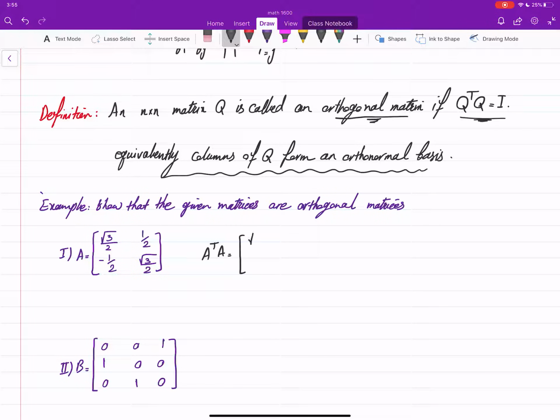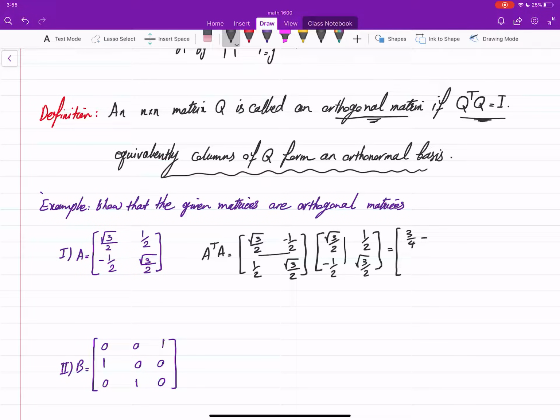So this is A transpose, multiplied by A itself. Let's see what we get here. First row, first column: root 3 over 2 times root 3 over 2 is 3 over 4, plus negative 1 over 2 times negative 1 over 2 is 1 over 4.